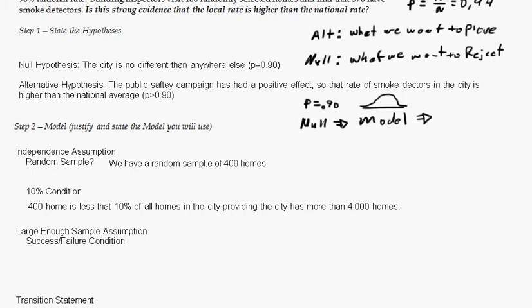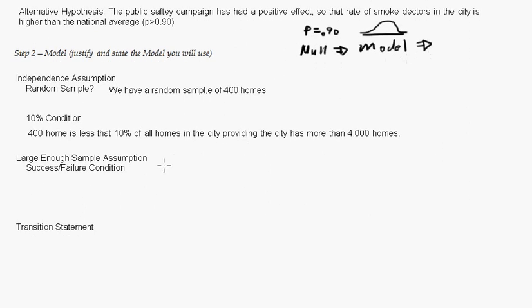So having said that, when you check the conditions, we're going to look at N times P, not P hat. So that's going to be 400 times 0.90, and what is that? That's going to be something like 360. So that's greater than or equal to 10. All right, and then we do NQ, so that's 400 times 0.10.